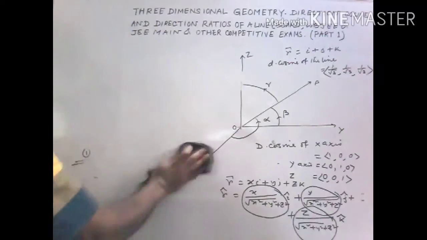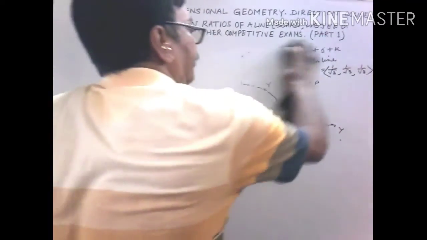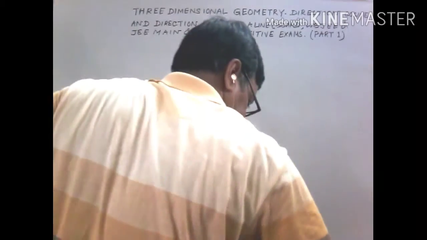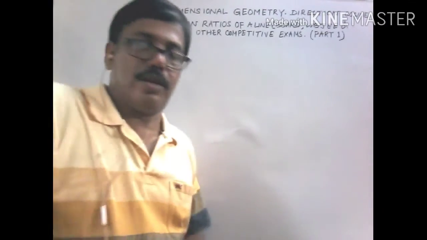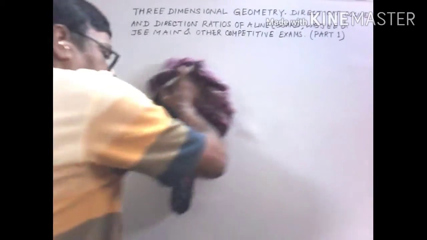Then direction ratios of a line. This is related with direction cosines.